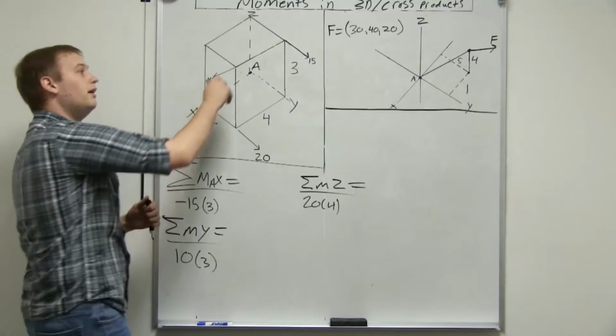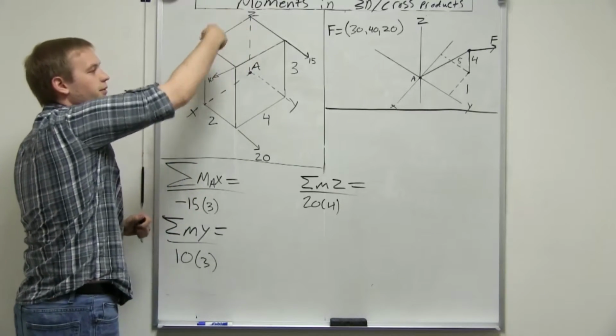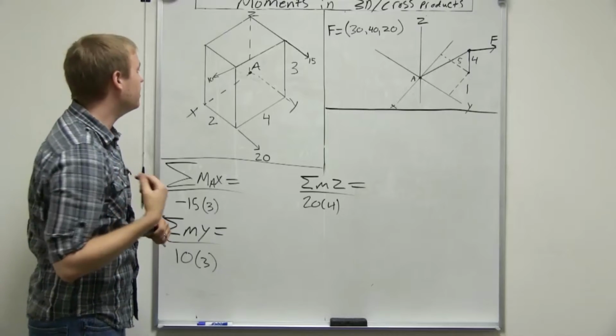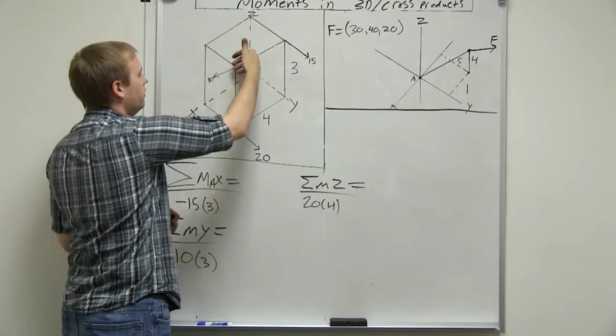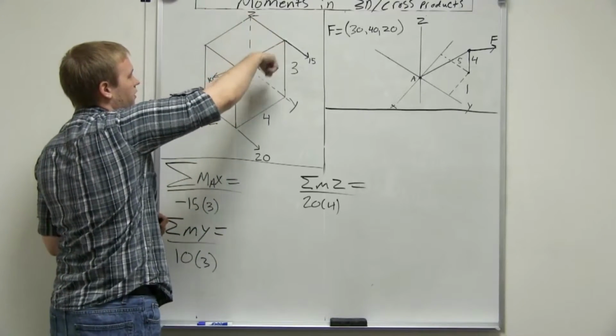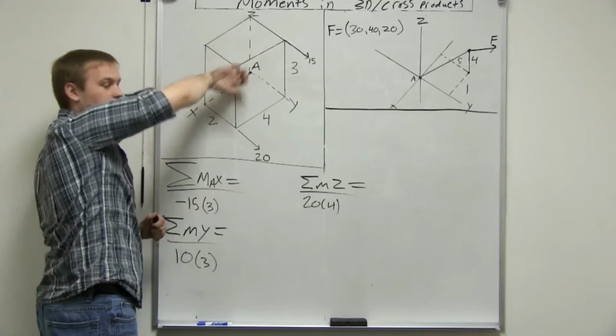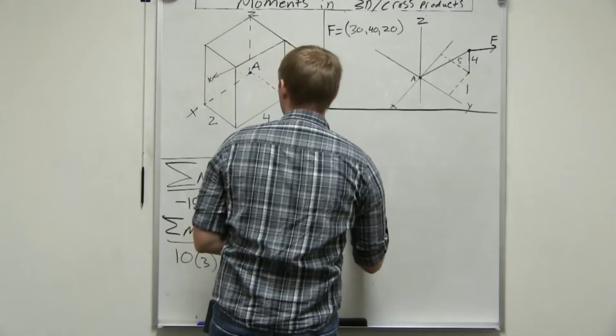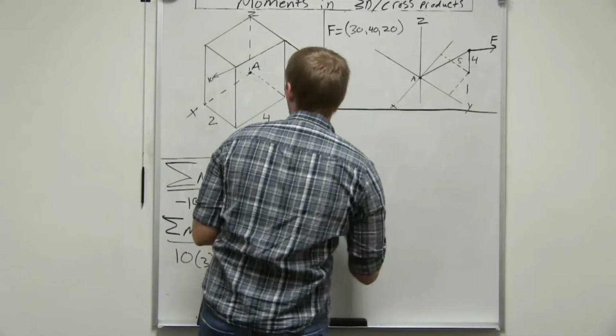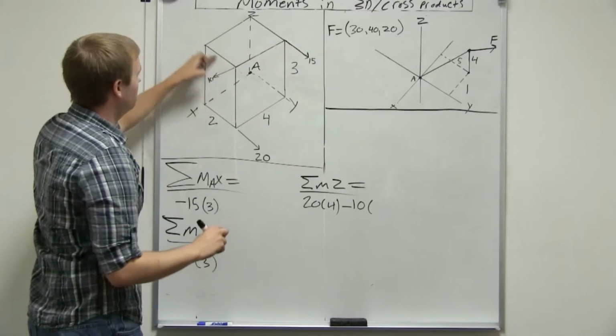Okay, but if we notice, it also is going to create rotation around the z-axis. So that way it's going to rotate that way, but this is going to be negative. So minus 10 times, what's the distance? It's this 2.